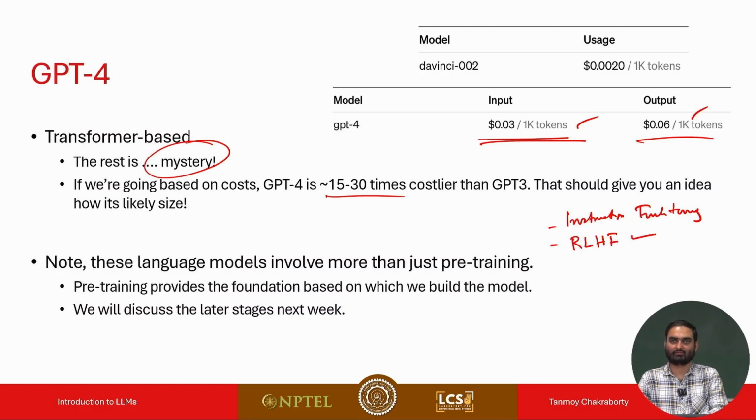This is again something that we'll discuss later. So today's GPT, nobody knows what's there, but we can only assume that it's pre-training followed by a series of fine-tuning, instruction fine-tuning, the different types of alignments and so on and so forth.